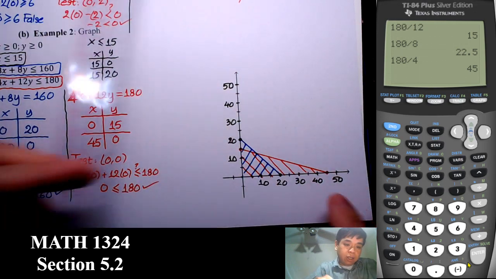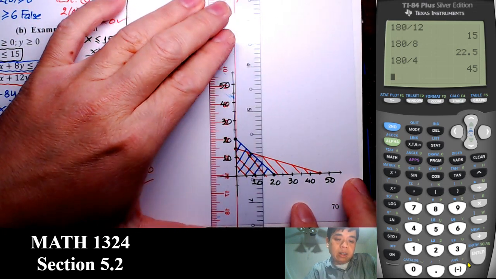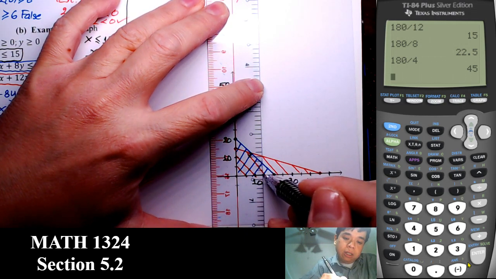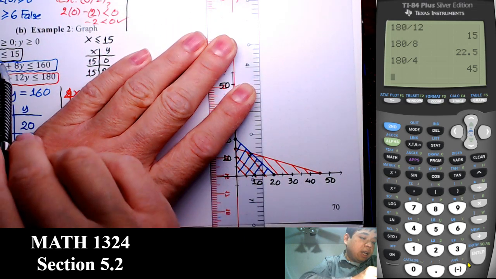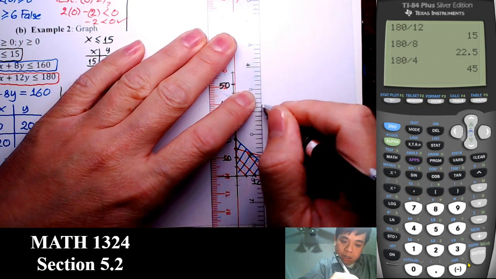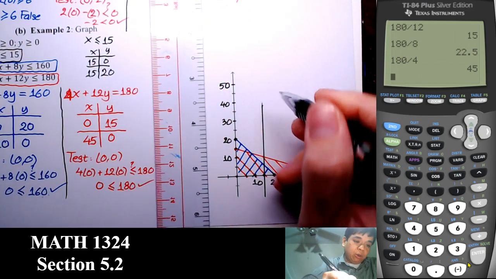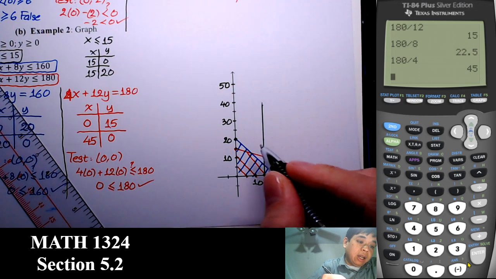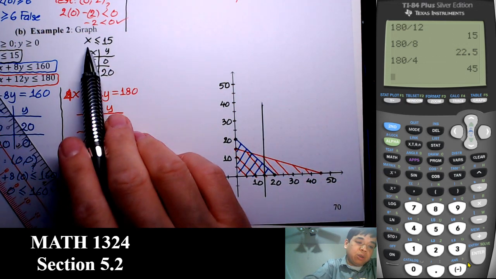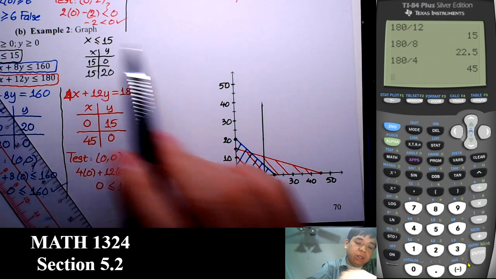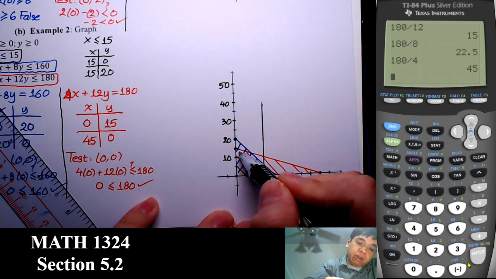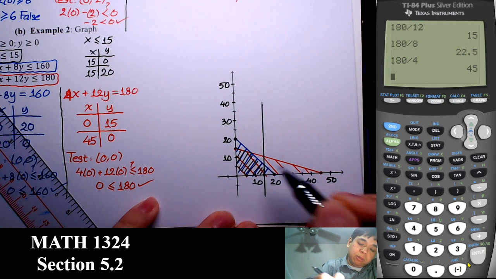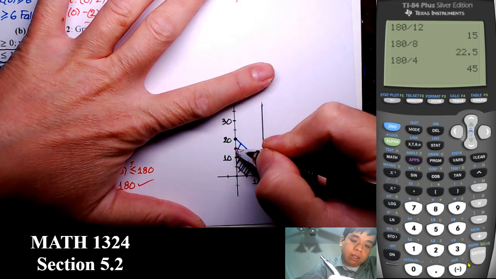We also have the vertical line at x equal to 15, and it has the equal sign, so we have a solid line. X equal to 15, y equal to 0, 15 and 20. So yeah, and now we test if x equal to 0, it will be true, so it will be on the left side here. To put all of that together, we have this region.